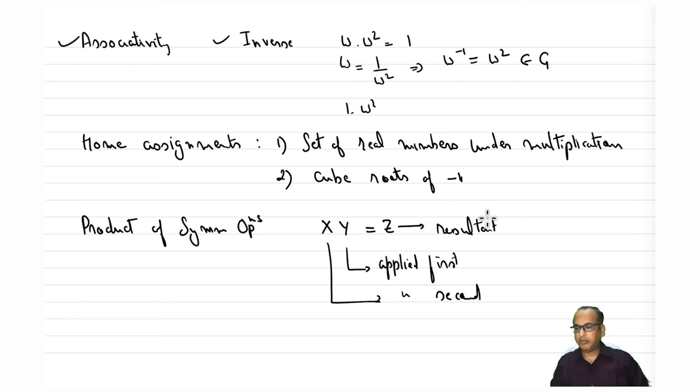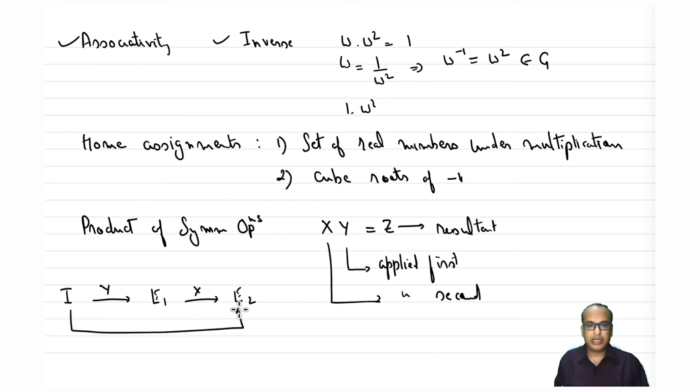We had seen that before, right? Or in other words, if I start from a molecule I and apply y, I get, let's say, E1, then I apply x, I get E2, which are equivalent configurations, and this can be achieved by z. This is what is meant by the product of symmetry operations. That should also be very clear.